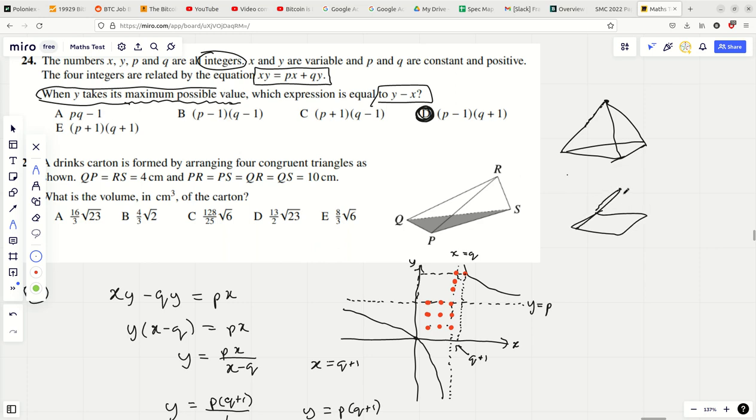You could do it with this, or a cone. All of these shapes have something in common when you work out their volume. You could have a hexagonal pyramid, any shape like this. I hope you can see the point I'm making here.